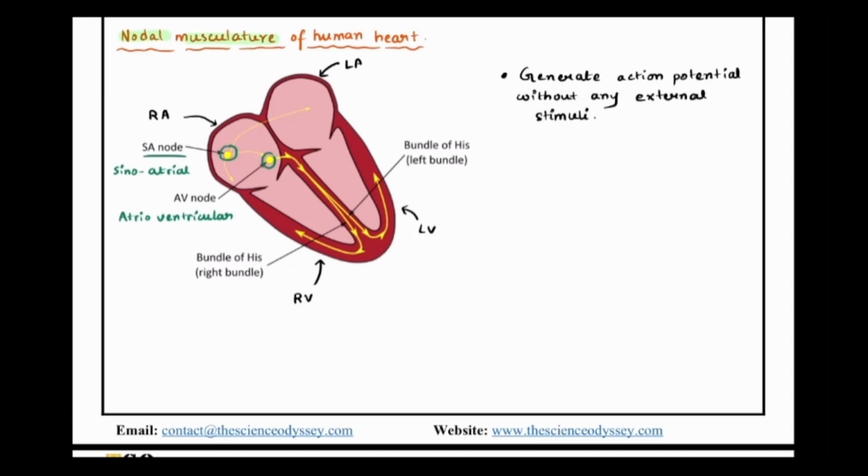Alright, so this generation of the action potential is done by the SA node, or the sinoatrial node. And the action potential is immediately transferred to the AV node, which transfers the beating or the action potential to the rest of the heart.